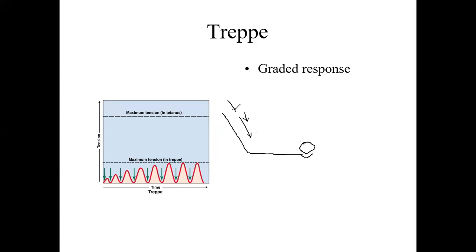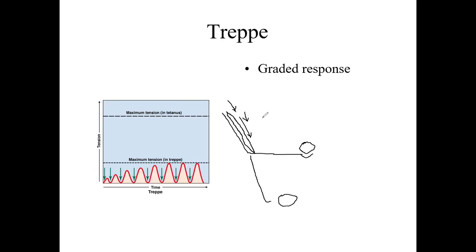If you stop sending the stimulation, the muscle will relax and your hand will straighten and your load will fall. So to prevent this from happening, you have to keep sending stimulation to keep this muscle contracted. That is increased frequency.